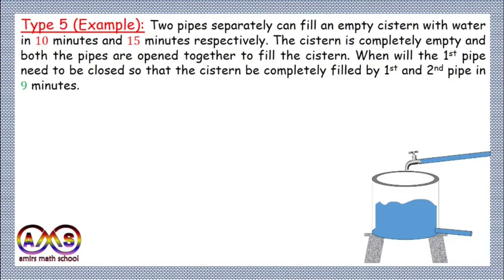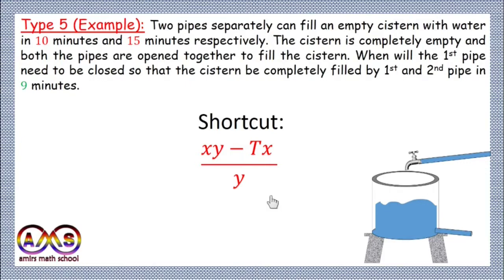If we use the previous formula as a shortcut for this type of problem, the shortcut is (XY minus TX) divided by Y. Here X is the time for the first pipe, Y is the time for the second pipe, and T is the total required time.